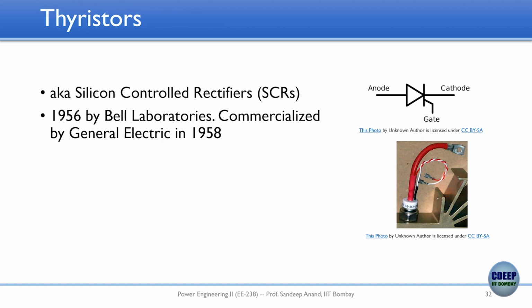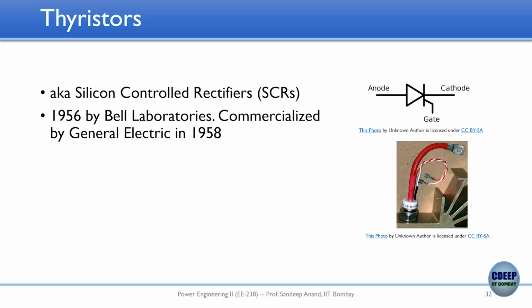So, the next one which really started the power electronics part was thyristors. Thyristors were functionally very similar to the mercury arc valve. The only difference was that the same phenomena were achieved using semiconductor in a very, very small package instead of big bulbs.